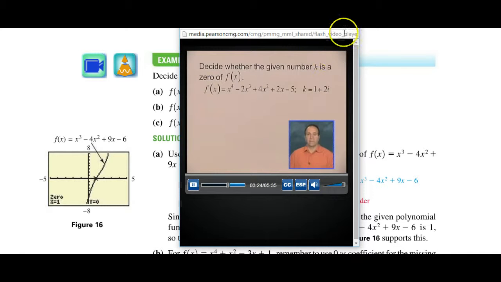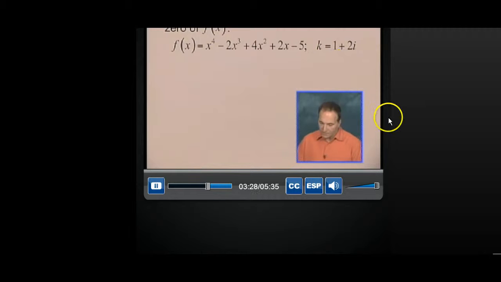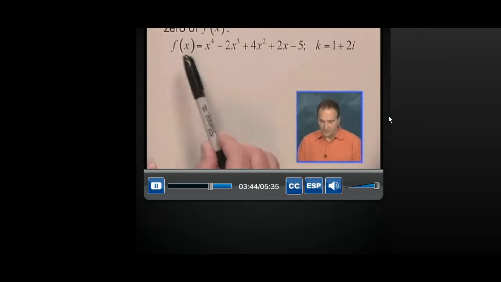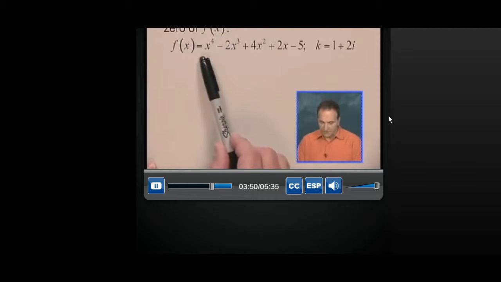Decide whether the given number k is a zero of f of x, where f of x is equal to x to the fourth minus 2x cubed plus 4x squared plus 2x minus 5, and k is equal to 1 plus 2i. So we're interested in finding out if 1 plus 2i is a zero of this f of x. We'll use synthetic division, and so we need to write down the coefficients of the function.